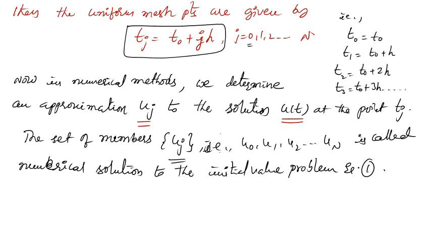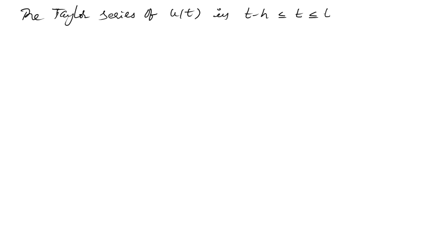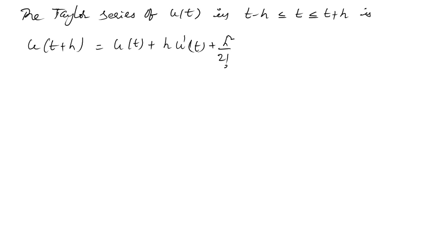And let us see the methods one by one. I think you know the Taylor series expansion. Okay, let me write in the next slide. Now the Taylor series of u of t in the interval t minus h less than or equal to t less than or equal to t plus h, one can write like this: u of t plus h equals u of t plus h into u dash t, plus h square by factorial 2 into u double dash t and so on.